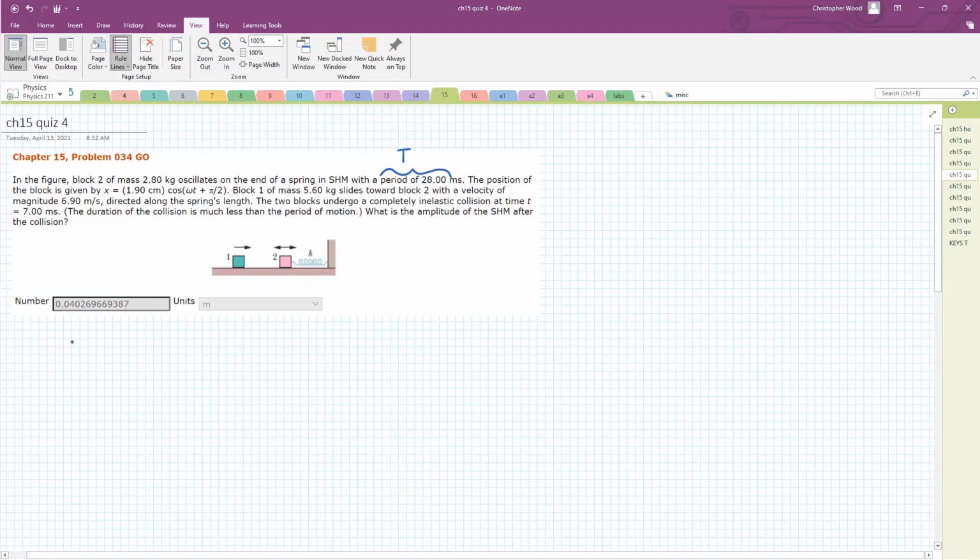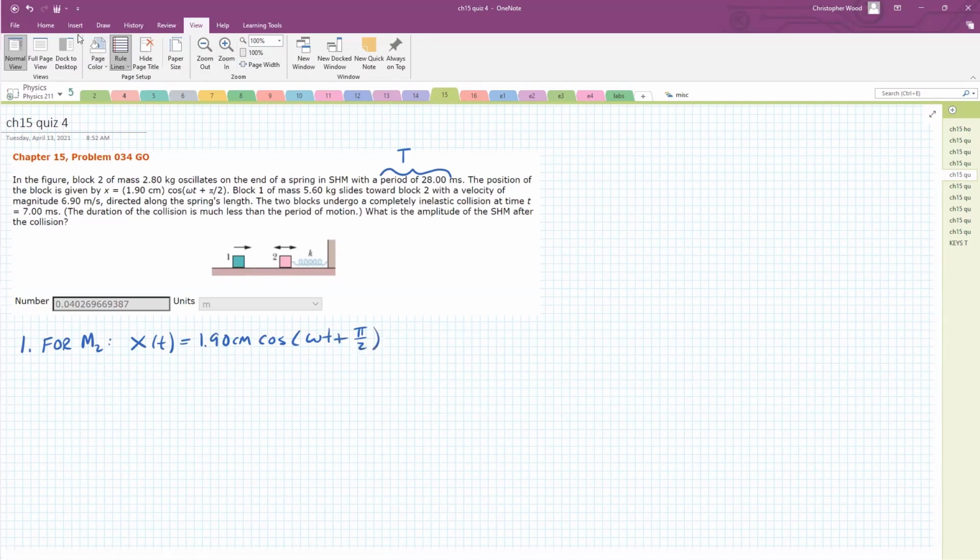We know the position. For M2, they're saying, hey, here's your position function, your displacement function, x equals 1.90 centimeters times the cosine of omega t plus pi over 2.